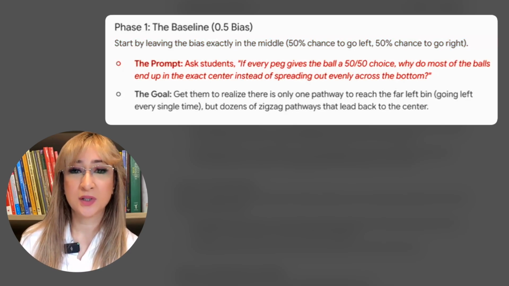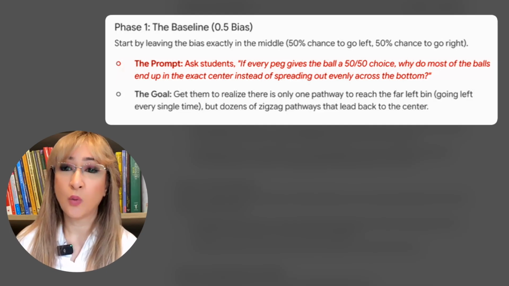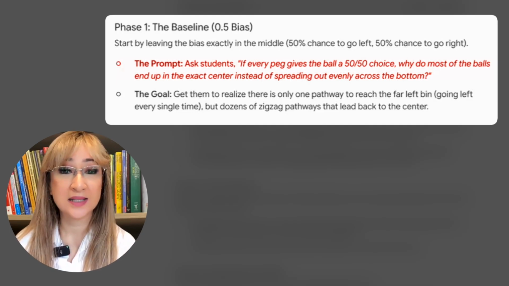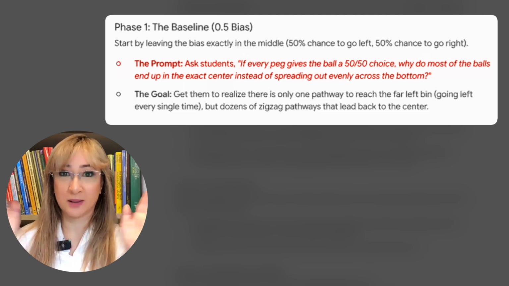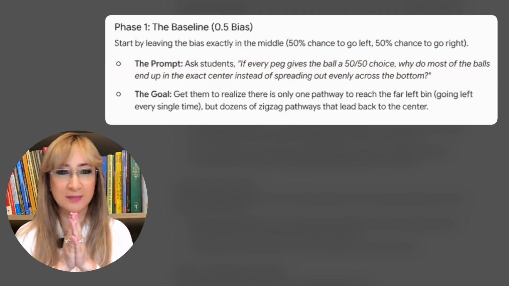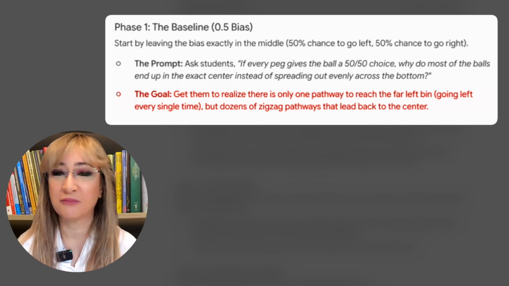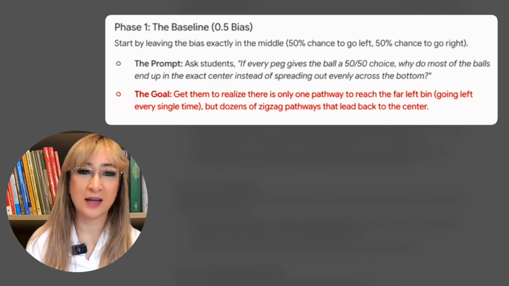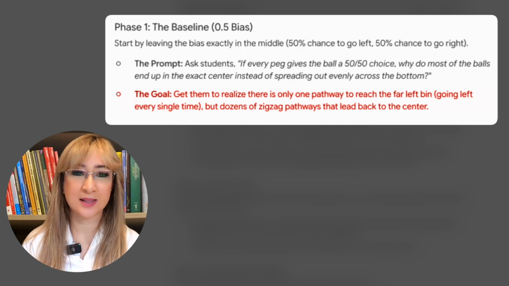The prompt: ask students, if every peg gives the ball a 50-50 choice, why do most of the balls end up in the exact center instead of spreading out evenly across the bottom? I love that question. And the goal: get them to realize there's only one pathway to reach the far left bin, going left every single time, but dozens of zigzag pathways that lead back to the center.